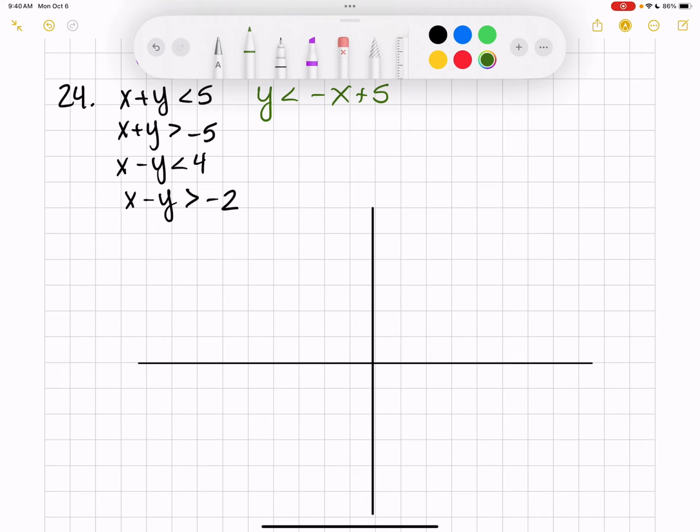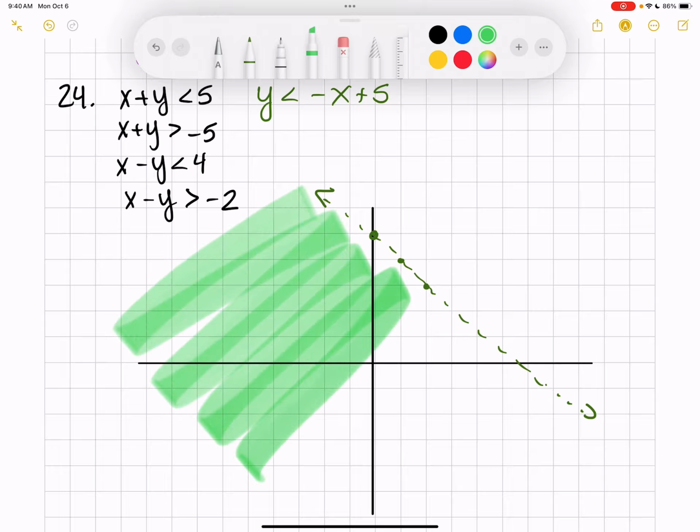So this has an intercept at 5, slope of negative 1. Is this solid or dotted? Dotted. Now which direction am I shading? Below. So that's everything down here.